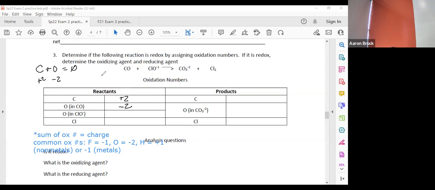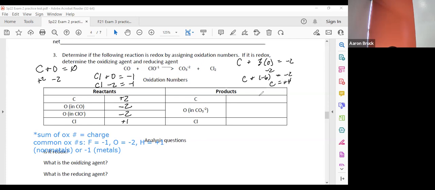Sometimes it requires just a little bit more work. Chlorine plus oxygen equals -1. Chlorine minus 2 equals -1. Chlorine must be +1. The oxygen is -2. But even in the more complex situations, carbonate, carbon plus 3 oxygens is equal to a -2 charge. If each oxygen is -2, carbon plus -6 equals -2.